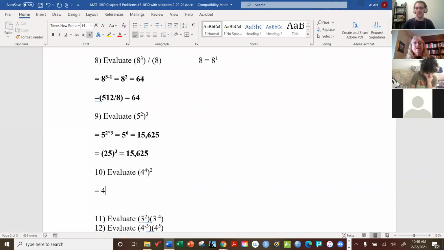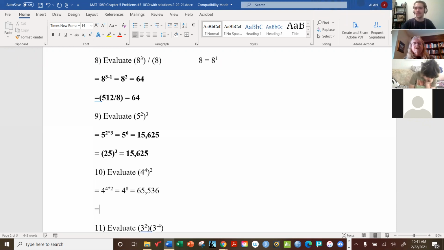All right, so for the same reason, this is 4 raised to the 4 times 2 power. 4 to the 8th. And 4 to the 8th equals 65,536. That's a big one.